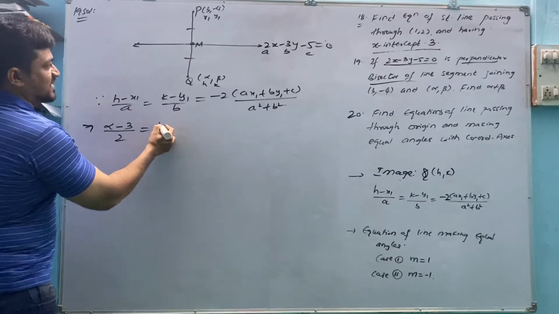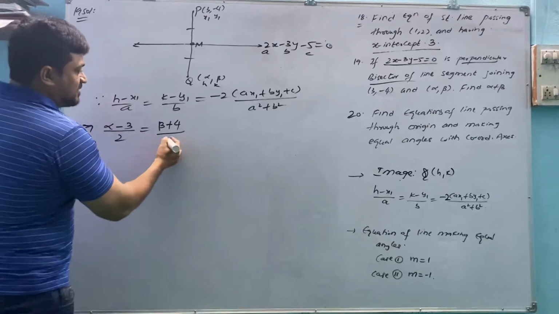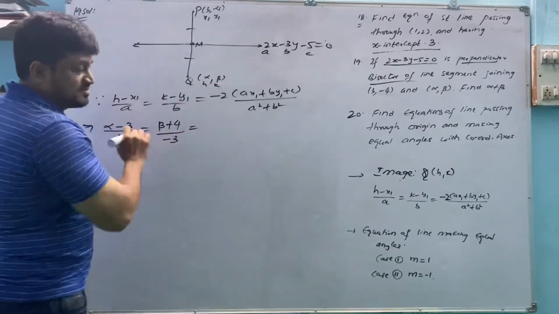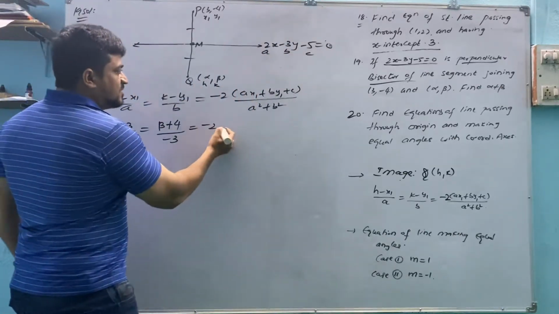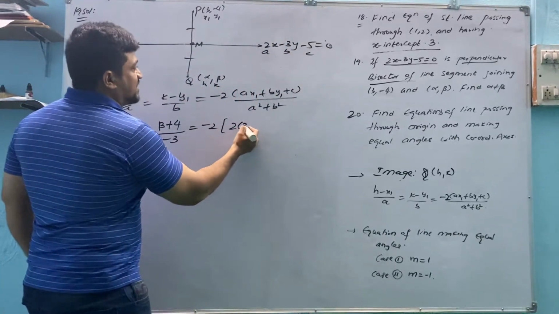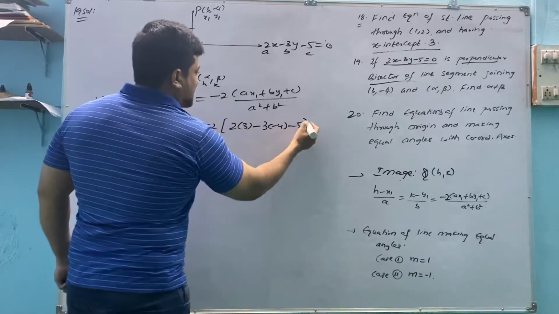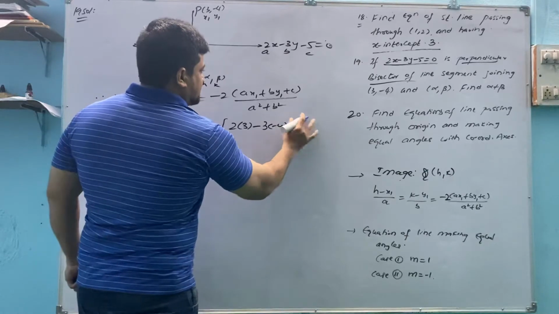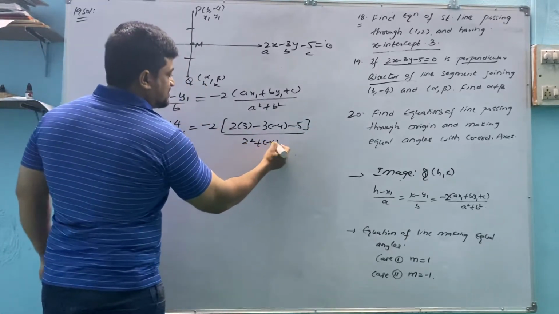K minus y1, k is beta, minus y1, minus of minus 4 is plus 4, by b with the sign. B is 3 or minus 3, it is minus 3. Minus 2 into ax1 plus by1 plus c, plus of minus is minus, divided by a square plus b square.